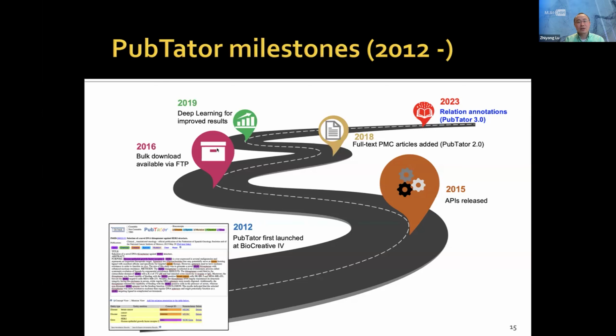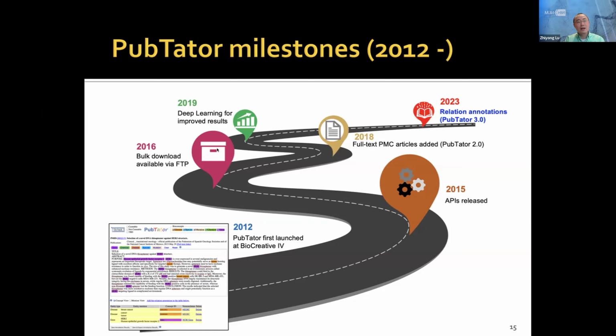And lastly, the latest update was in 2023, where for the first time we included relation annotations. And that's also the basis of the PubTator 3.0 version.